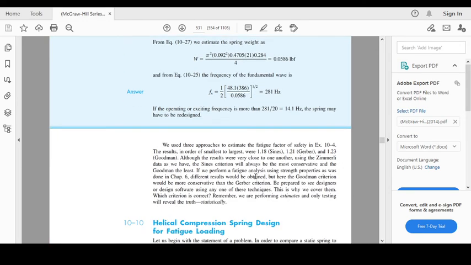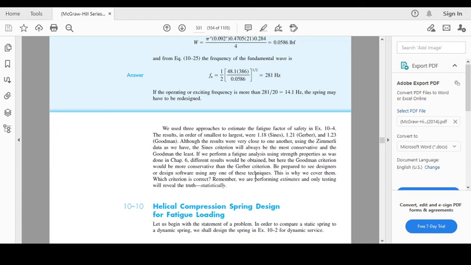We use the three approaches to estimate the fatigue factor of safety in example 10.4. The results, in order from smallest to largest, are 1.18 for Sines, Gerber, and 1.23 for Goodman. These refer to the Goodman failure criterion and the Gerber failure criterion, and you can see a better explanation in the shaft subject.